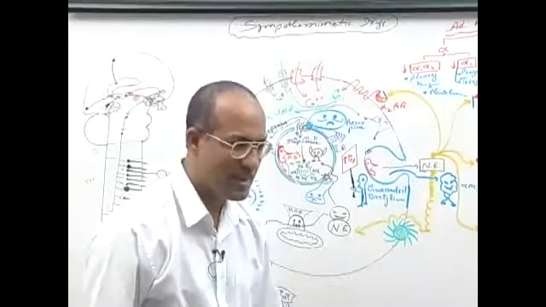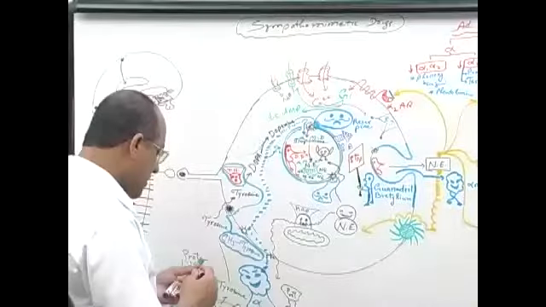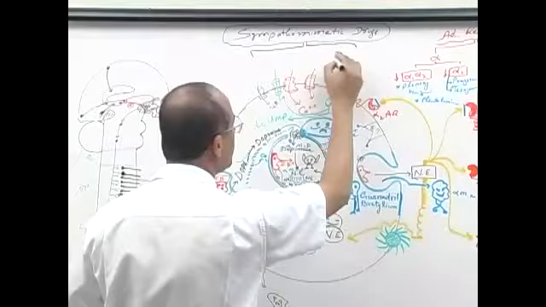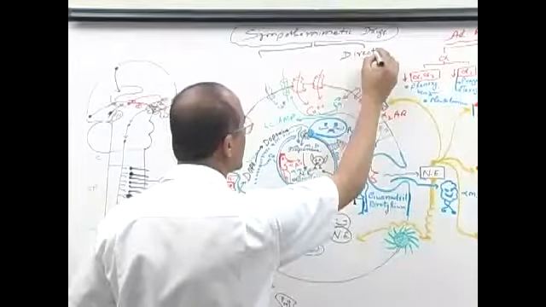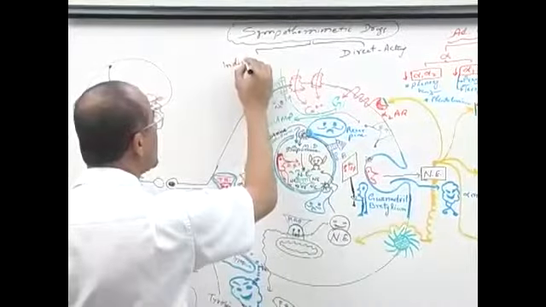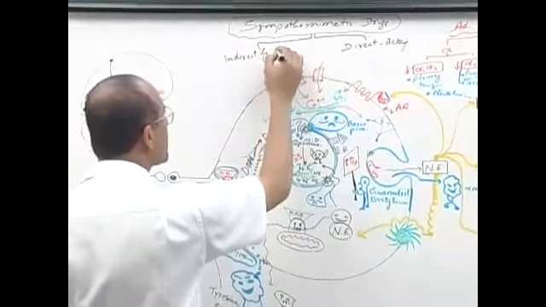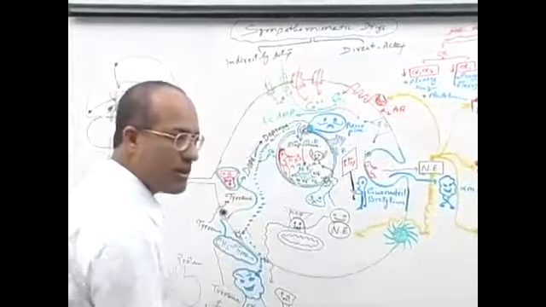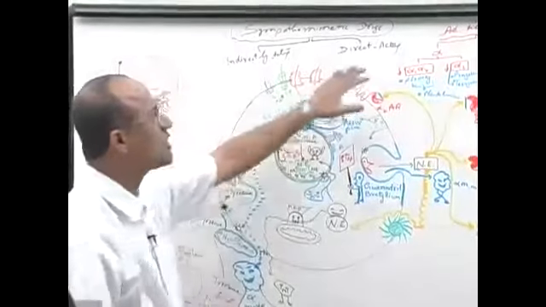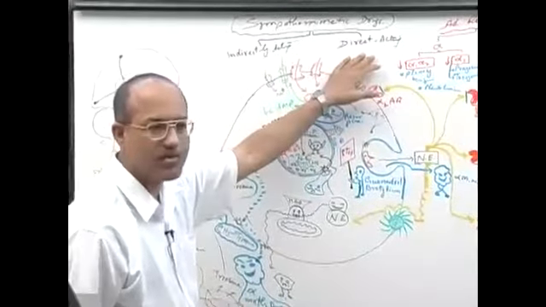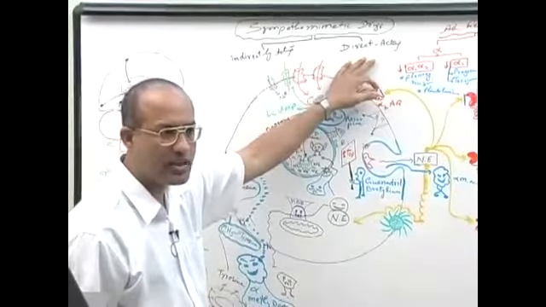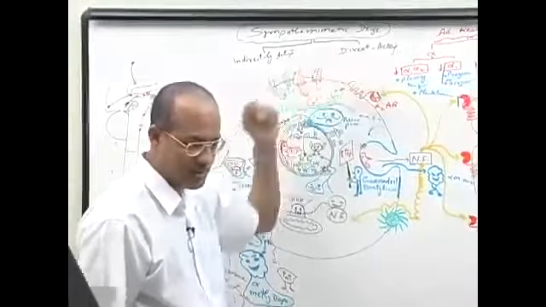Now, these sympathomimetic drugs are direct acting and indirectly acting sympathomimetic drugs. Direct acting means the drugs which directly stimulate the adrenergic receptors. These are adrenergic receptor agonists.